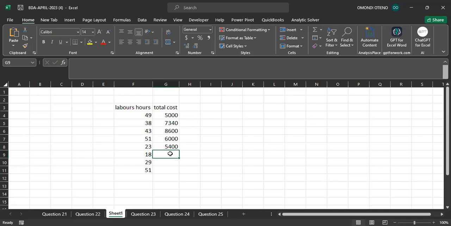Let's have these figures. 2,400. 2,200. Then another 51. We have 5,900.